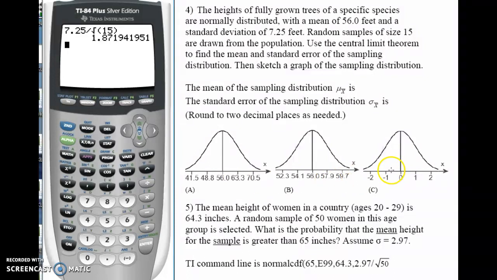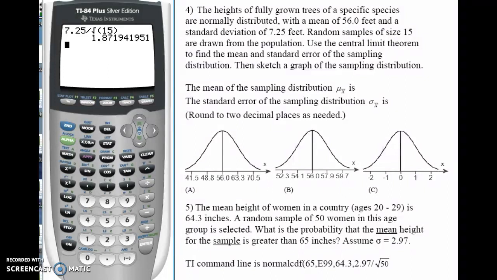Let's throw this one out just to make sure. 0 to 1, this is the standard normal curve, so it's not going to be that one. But the correct answer is B, 56, 57.9. So that's what you're looking for in that answer. We started out with the normal distribution, so the shape of our sampling distribution will also be normal.